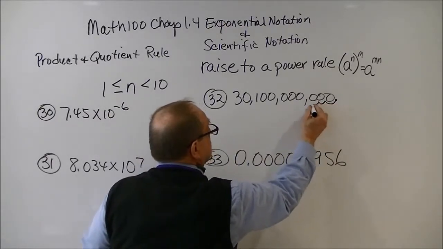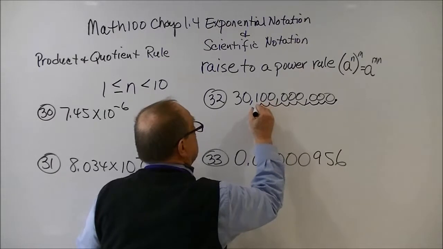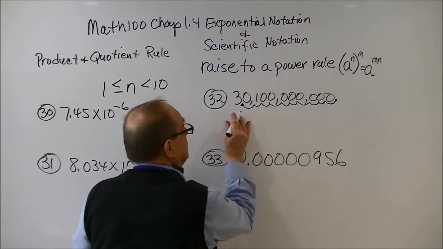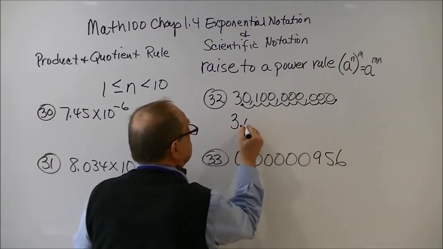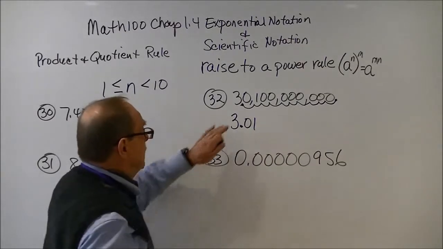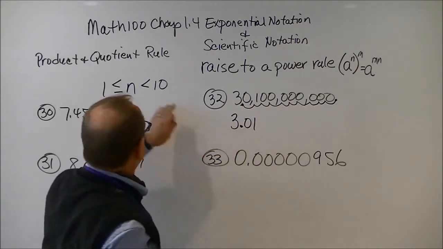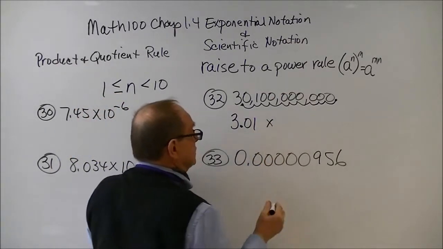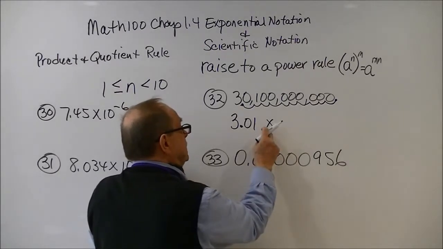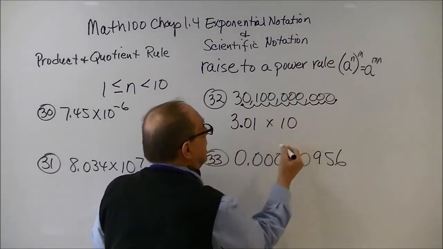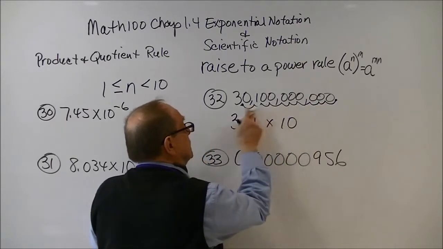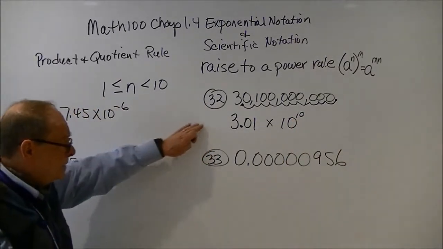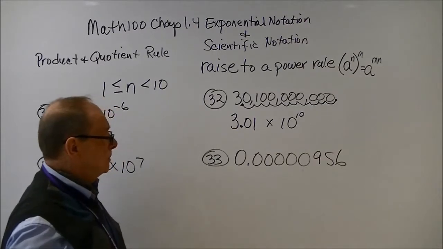So there's 1, 2, 3, 4, 5, 6, 7, 8, 9, 10. We had to move that decimal place to the left 10 places to get this big number to be a number between 1 and 10. And then we use the multiplication sign, not an X, and then it's going to be some power of 10. And since we moved it 10 to the left, it's going to be a positive 10. So that's this number in scientific notation.